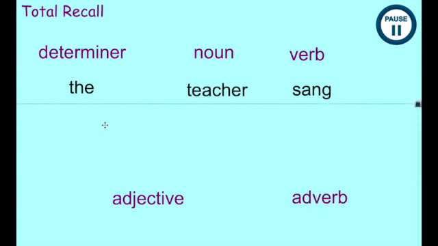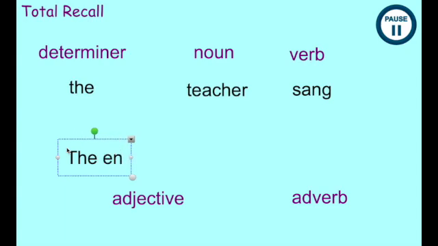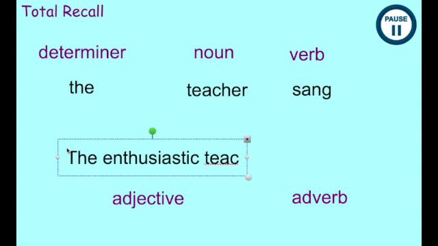So we could have the something teacher sang how. We want to know an adverb for it as well. Give it a capital letter to start the sentence. The enthusiastic teacher sang, and then we want to know how they're singing.